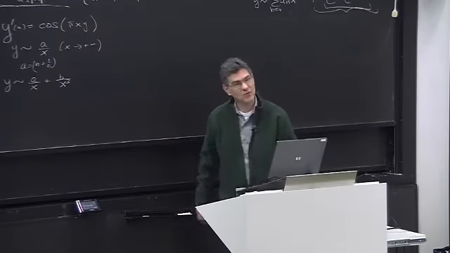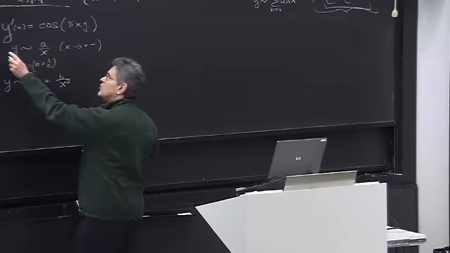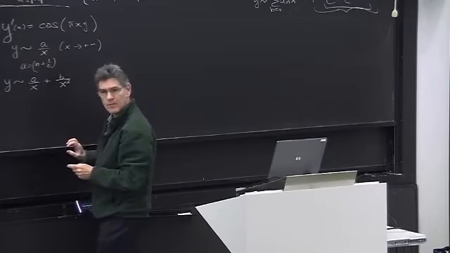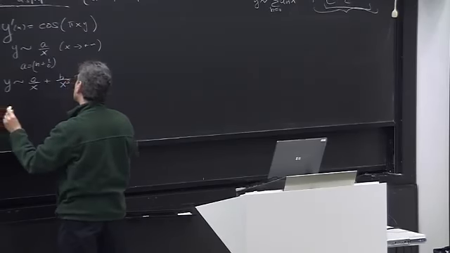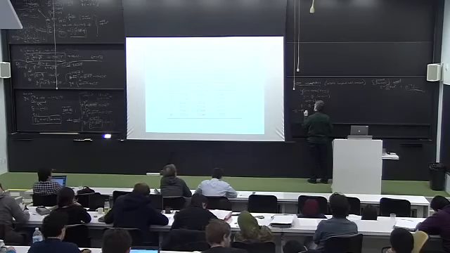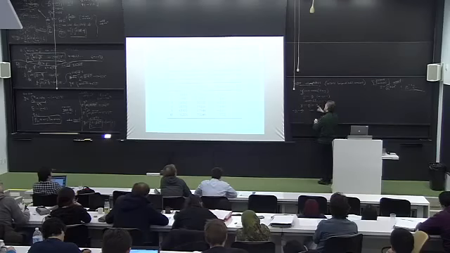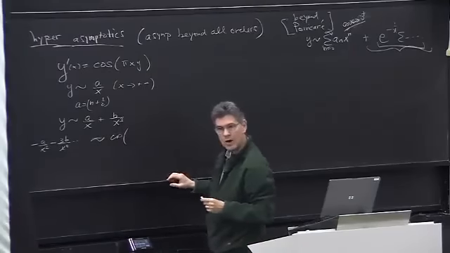Let's just guess that that's the way it's going to work. On the left side, we would have the derivative of this, which would be minus a over x squared minus 3b over x to the 4th, and more terms. And this would have to be asymptotic to cosine of pi xy.